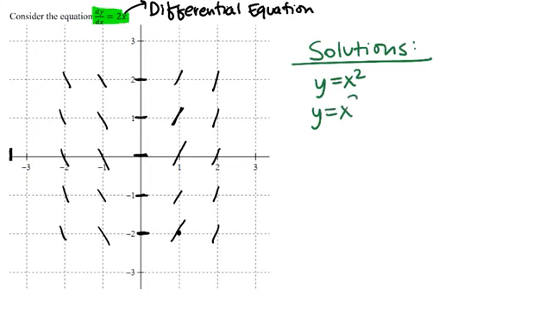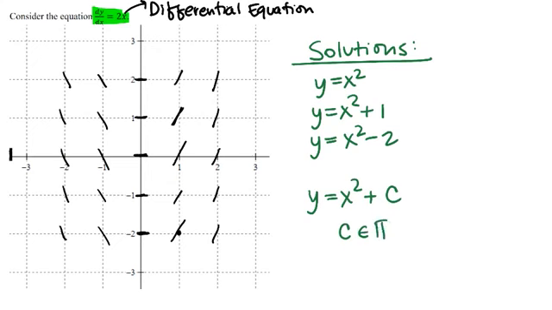I'm going to go with y equals x squared plus 1. And maybe y equals x squared minus 2 also, right? That would also have derivative dy dx equals 2x. And so really, in general, our solution to that differential equation is going to be y equals x squared plus c, where c is some real number.